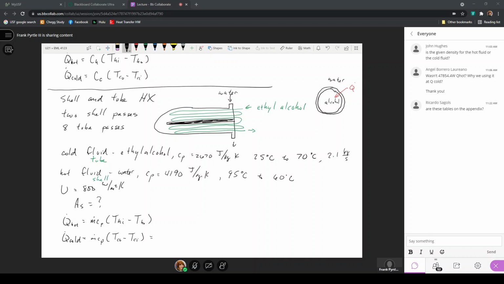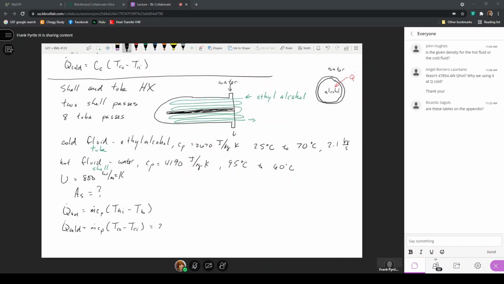So here I'll just make substitution of quantities. The mass flow rate is given as 2.1 kilograms per second for the cold fluid. The specific heat is 2,670 joules per kilogram Kelvin. And the temperature difference here, T cold out 70 degrees minus 25 degrees C. And so we can calculate then the heat transfer rate that is into the cold fluid, which would be equal to the heat transfer rate out of the hot fluid, which is equal to the heat transfer between the two fluids.